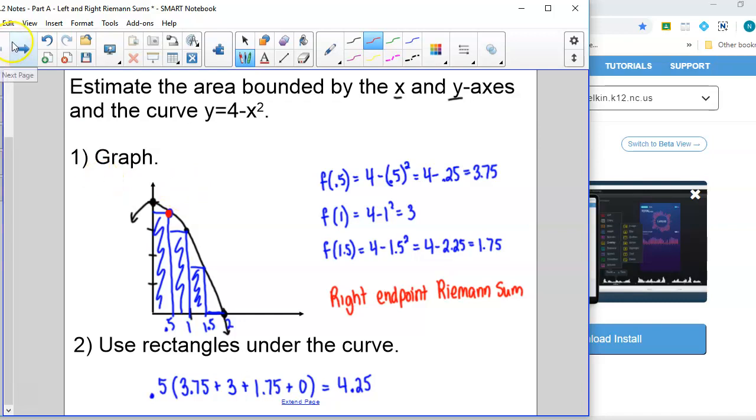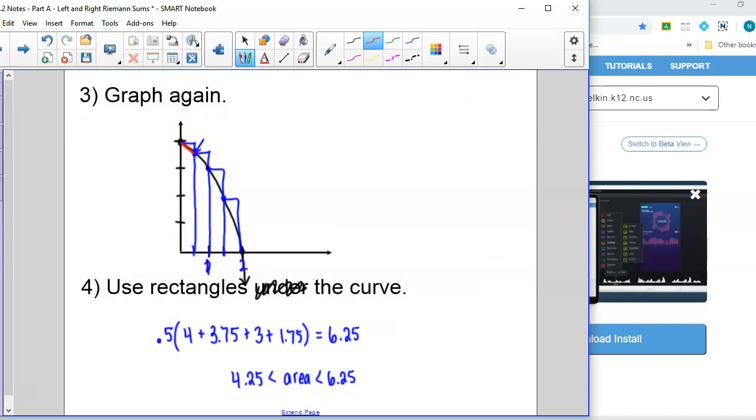And the second one that we did was the left endpoint Riemann sum. So in the left endpoint Riemann sum, the left top corner of the rectangle is on the graph.